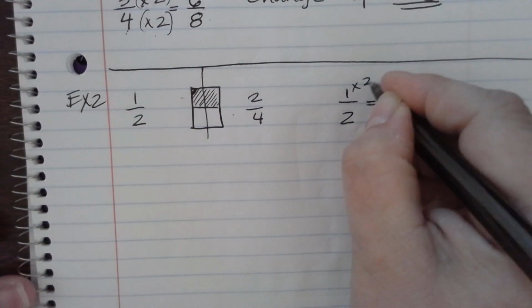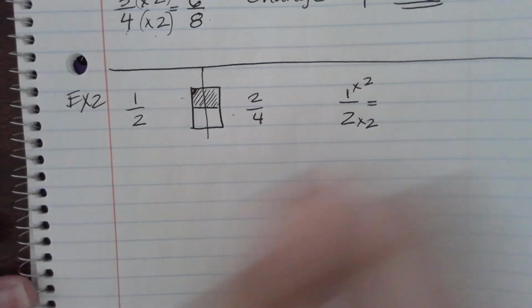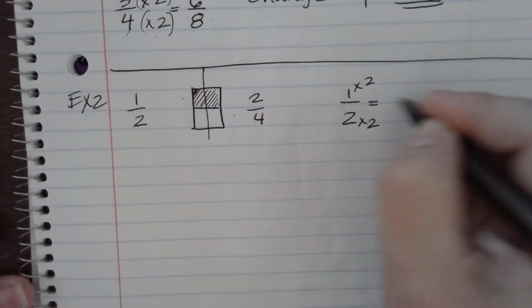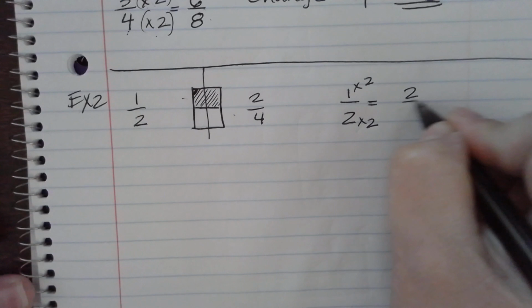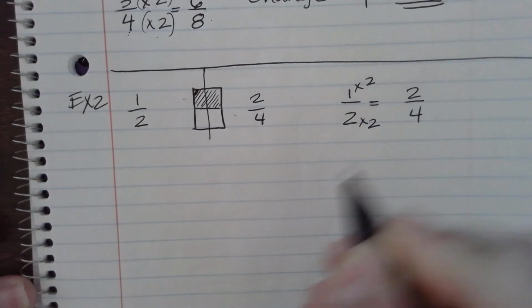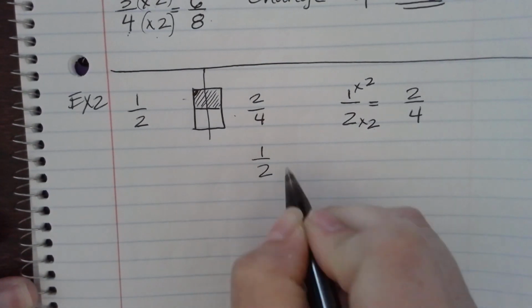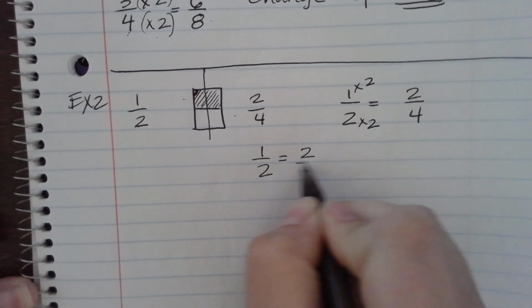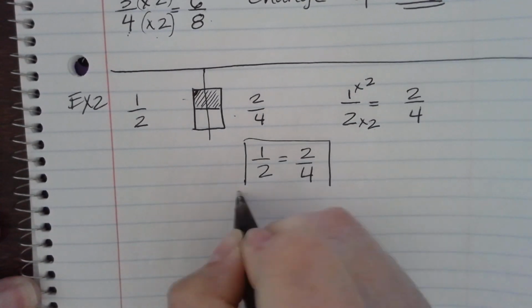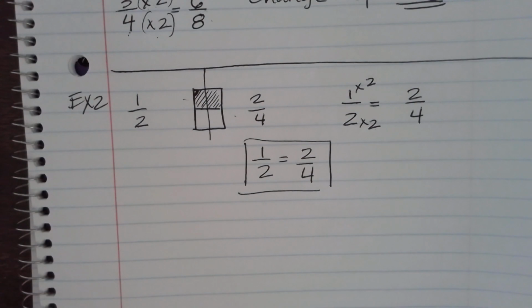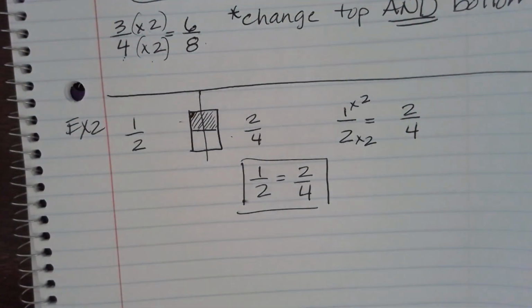What I do to the top, I do to the bottom, and that gives me 2 times 1 is 2, 2 times 2 is 4. So 1/2 is equal to 2/4. I'm going to put a square on that, and on this one too. So 1/2 is an equivalent fraction of 2/4.